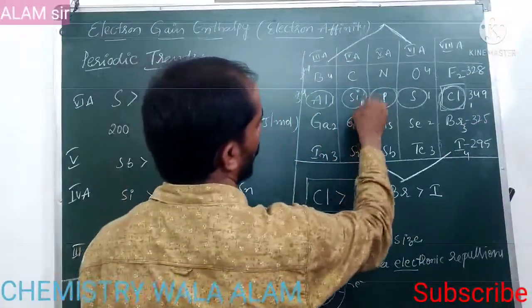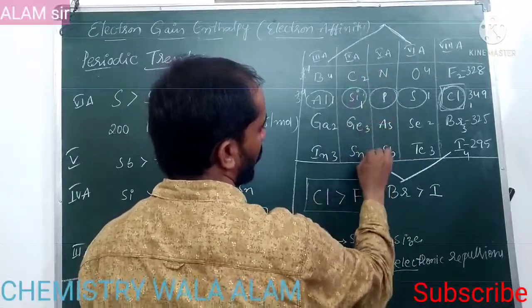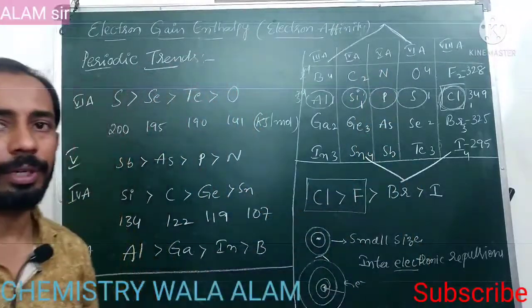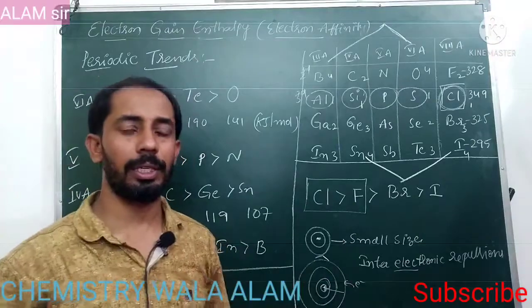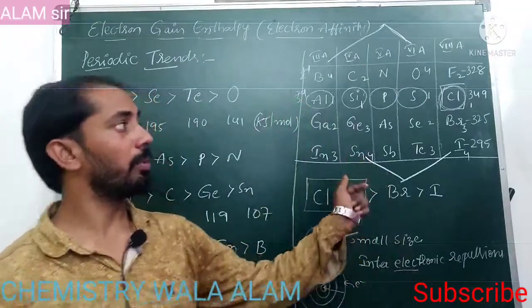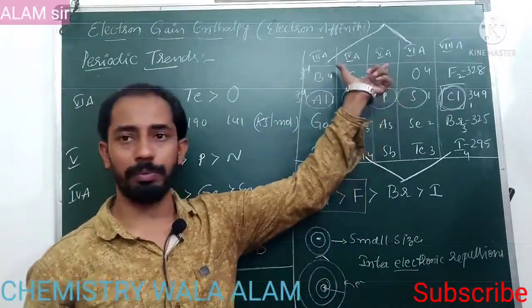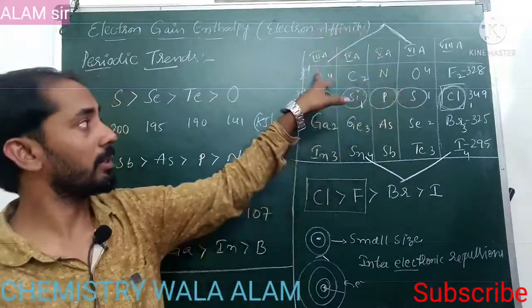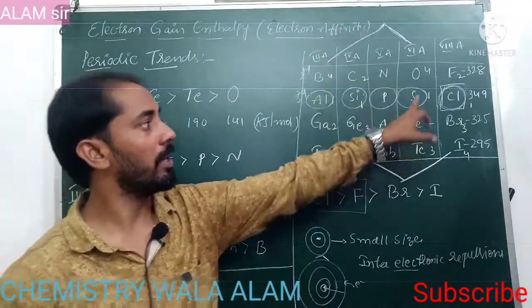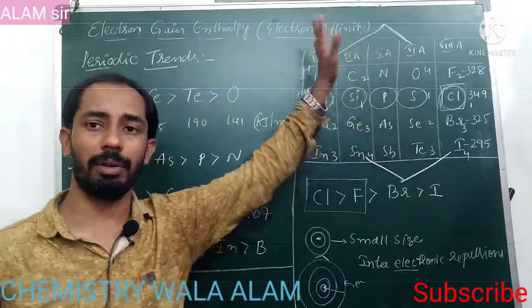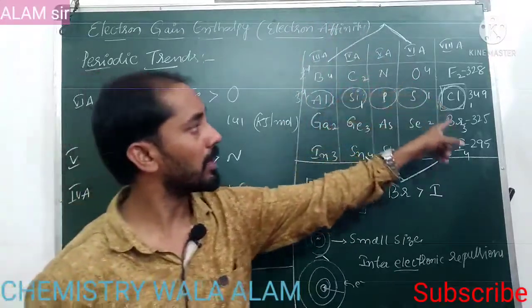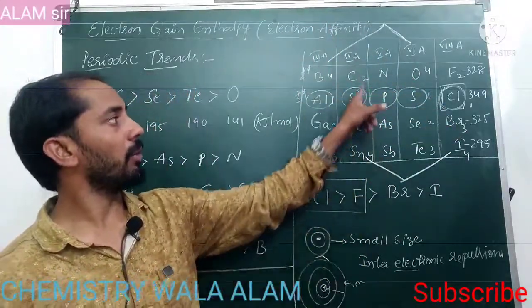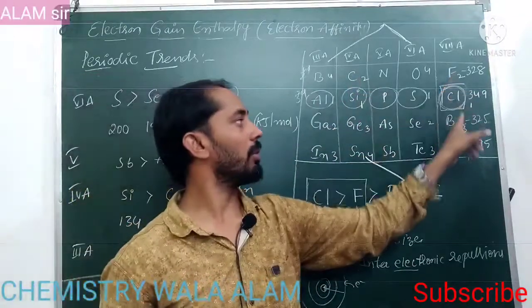Here also 1 2 3 4. Easy to remember, no need to confuse. Third group and sixth group follow the same order, 1 2 3 and then the first element is last. Fourth group and seventh group, same order, 1 2 3 4.